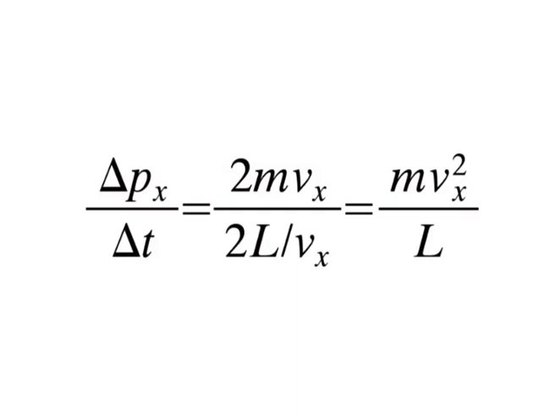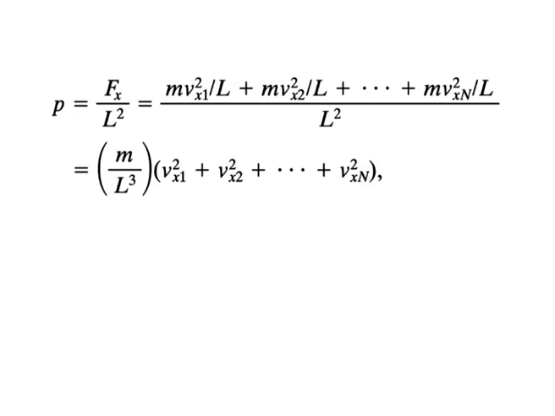Thus, using the expression for delta px upon delta t, we can write this pressure as P is equal to Fx upon L square, which is equal to m vx1 square divided by L plus m vx2 square divided by L, and so on up to m vxn square divided by L, and the whole divided by L square, which is equal to m upon L cube into vx1 square plus vx2 square and so on up to vxn square.